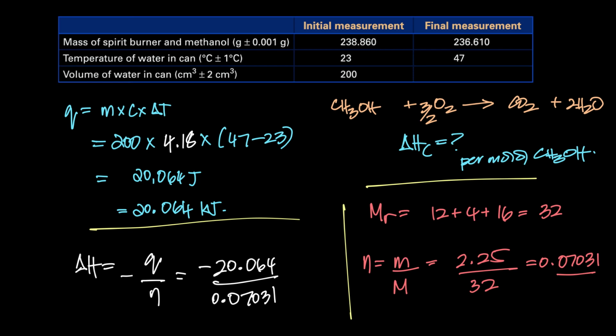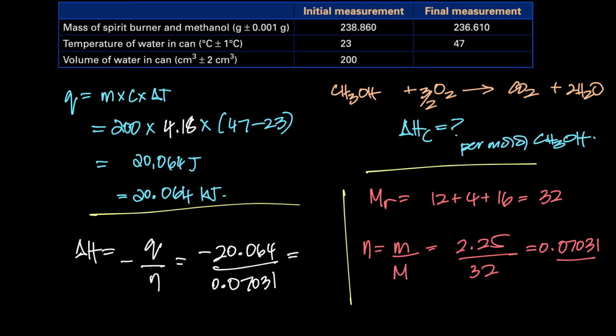Literally that's what you do: 20.064 divided by 0.07031. This comes out to 285, so minus 285.4 if you want one decimal place. But minus 285 is perfectly fine. And that's the delta H of this reaction, which is methanol burning, using the data they've given you. All right.